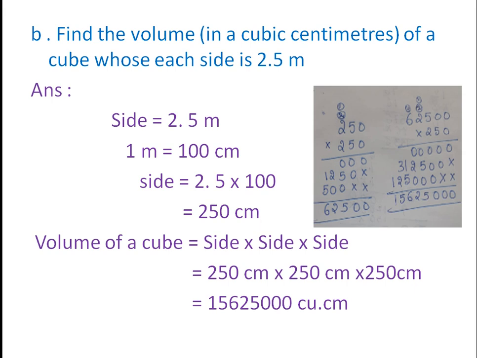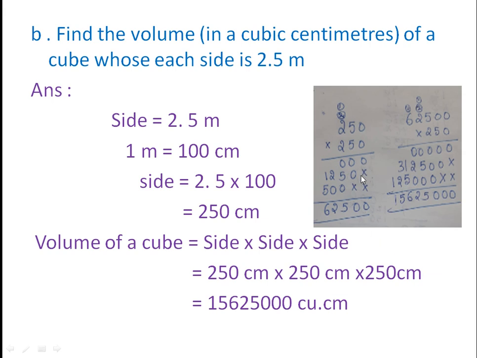This is converting the meters into centimeters. And write down, what is the formula for the volume of the cube? It is side multiplied side multiplied side. Three sides are there in the volume of the cube. And write down the side value, 250 centimeters, 250 centimeters, 250 centimeters. And calculate this one here.